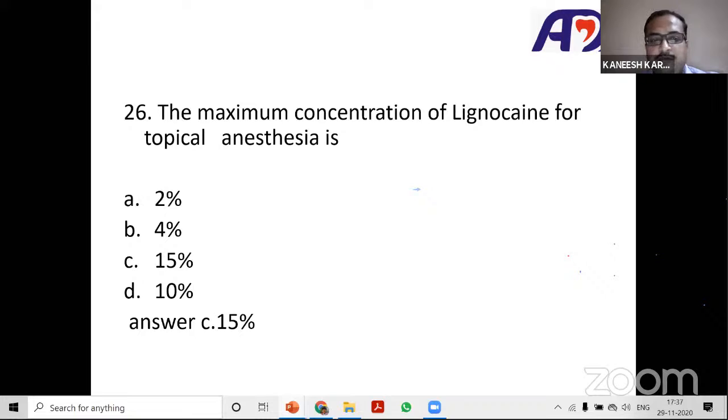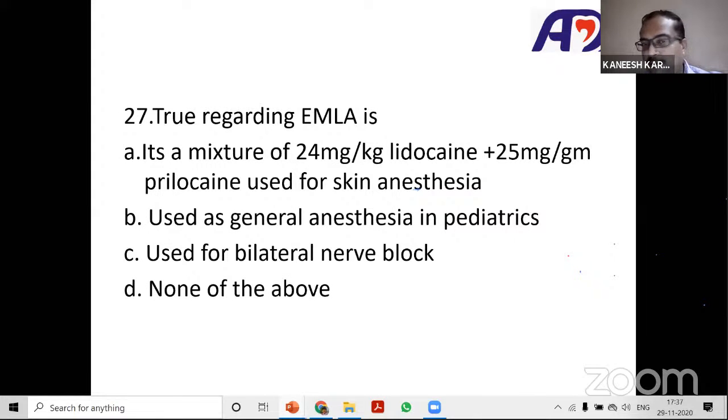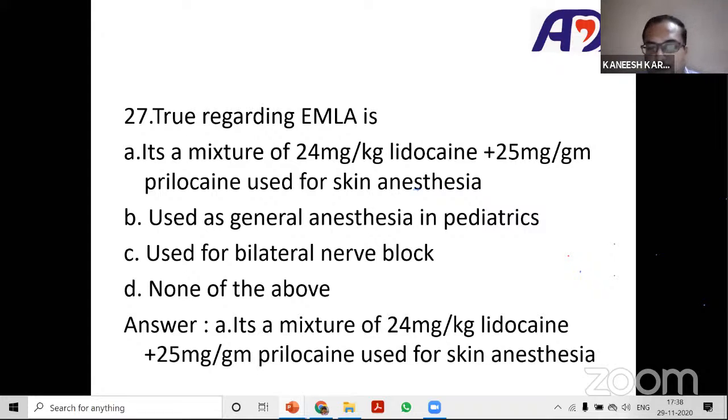Maximum concentration of lignocaine for topical anesthesia is 15%. That is in the spray. Ointment is 2% or 5%. What is EMLA? Yes, answer is A. It is a mixture of 24 milligrams per kg lidocaine plus 24 milligrams of prilocaine.